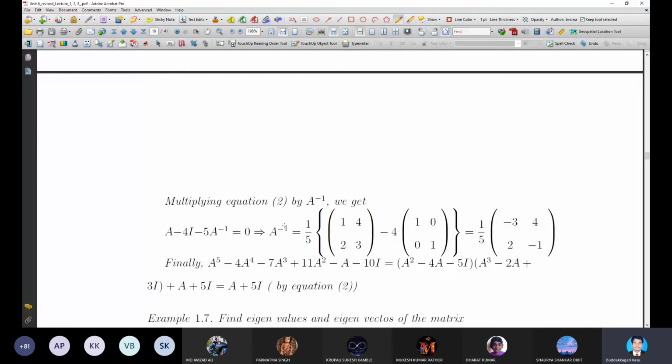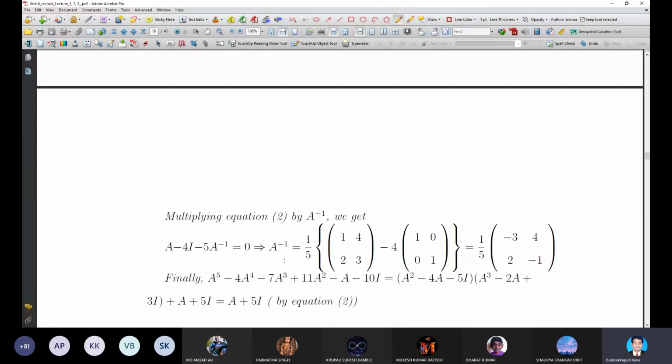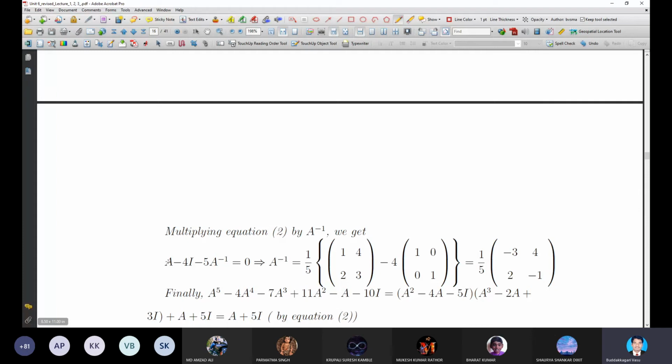Now the next part is finding the inverse. From the Cayley-Hamilton theorem we drew that A satisfies the characteristic equation, that is A square minus 4A minus 5I is equal to 0, right?